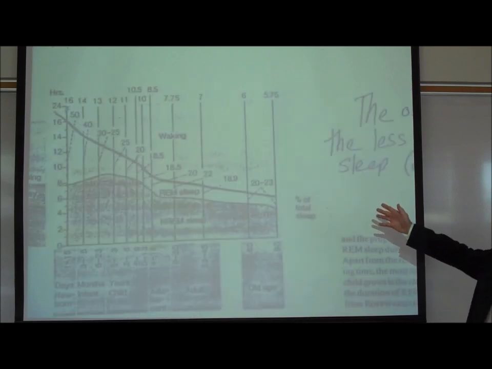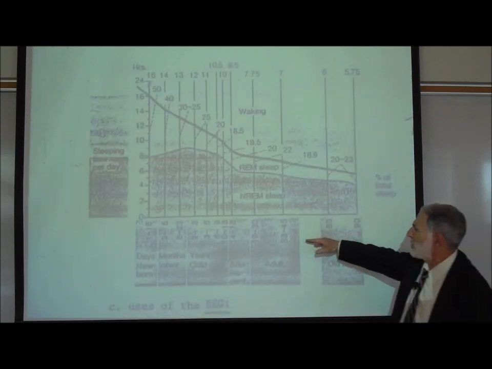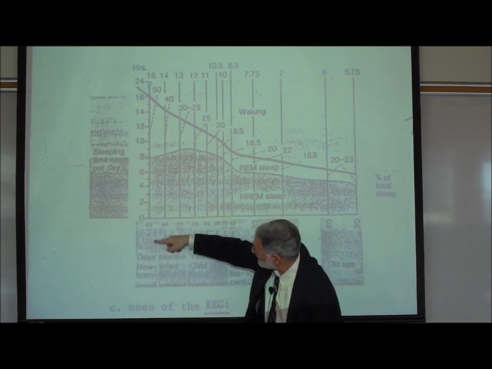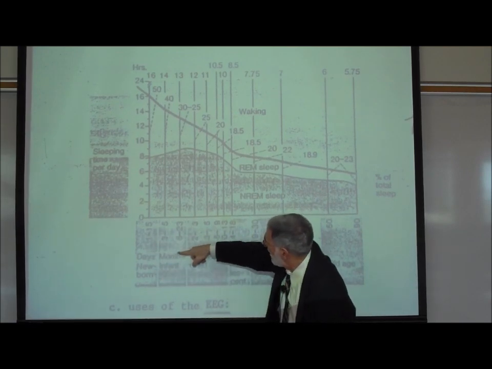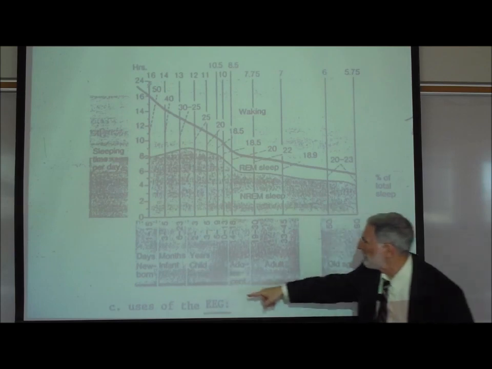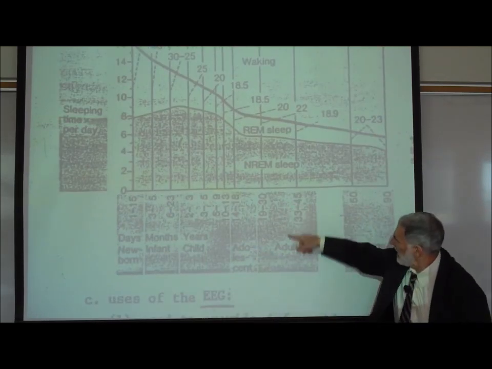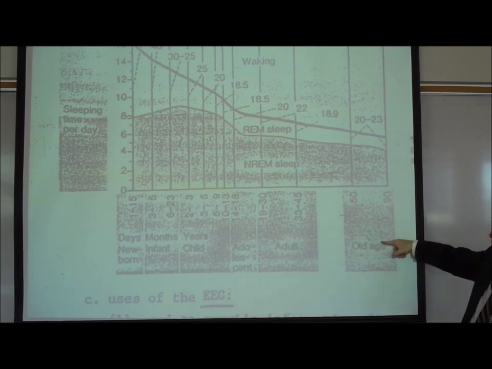You'll notice that in this graph, this is a graph indicating one's age. Here it shows a newborn, and then an infant, and a child, an adolescent, an adult, and an old age.